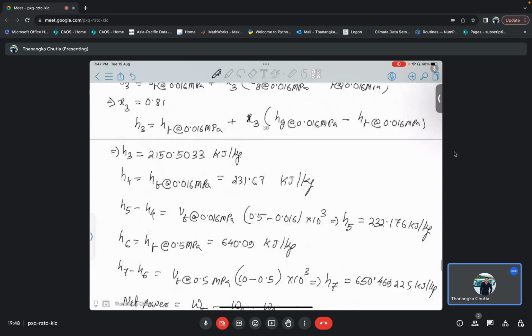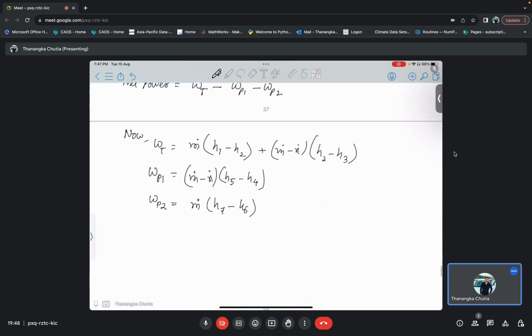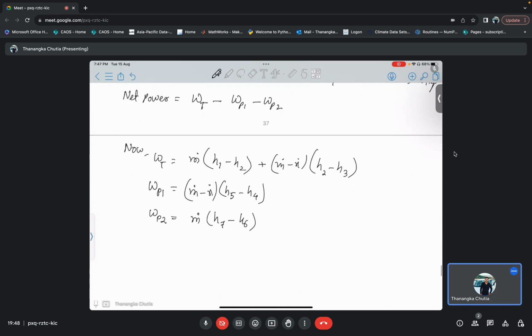Therefore my net power will be equal to Wt, that is m dot times h1 minus h2 plus m dot minus x dot times h2 minus h3, minus m dot minus x dot times h5 minus h4, minus m dot times h7 minus h6.